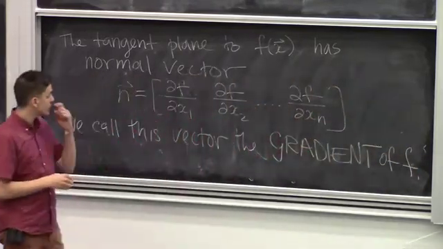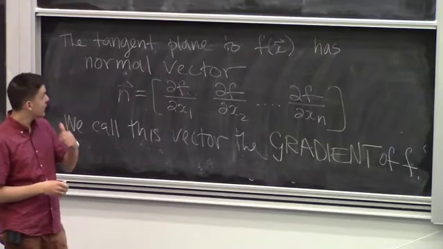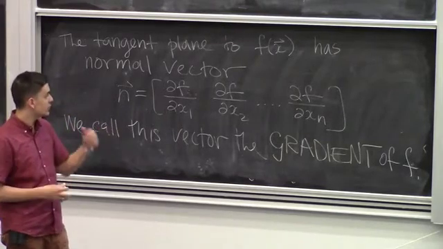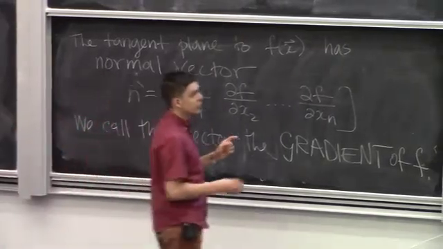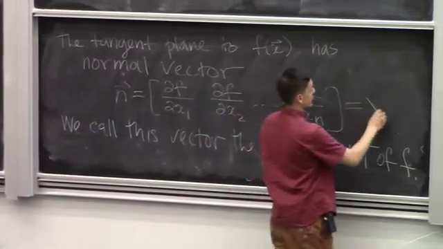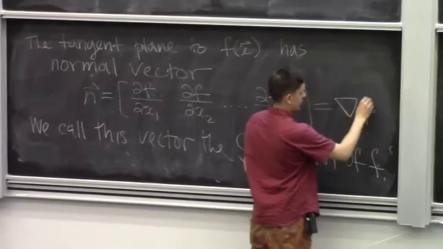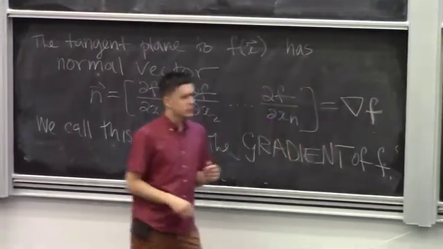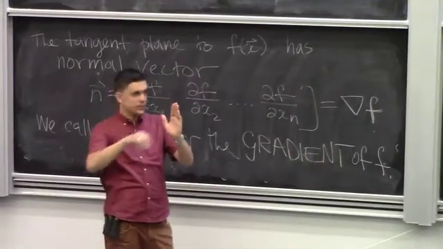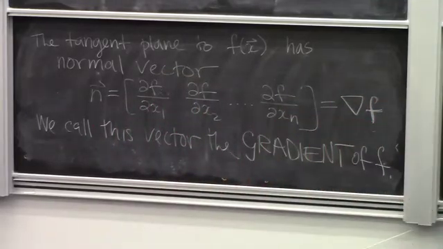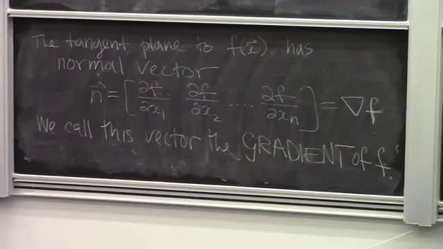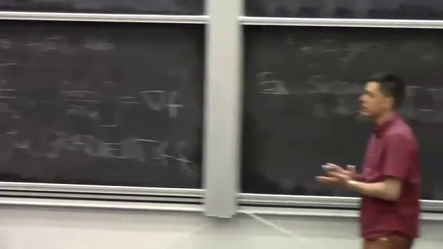Okay, we call this vector the gradient of f because it's so helpful in doing calculations, and we give it the following name as well. Okay, so we put this upside down triangle for the gradient of f. Okay, very key vector that'll keep coming up in our course.